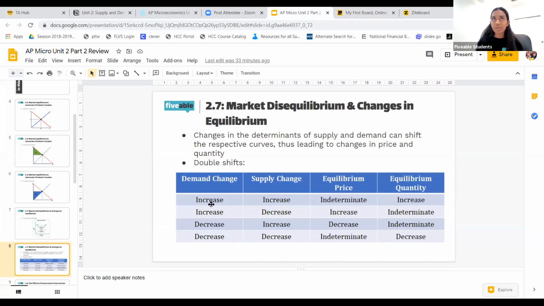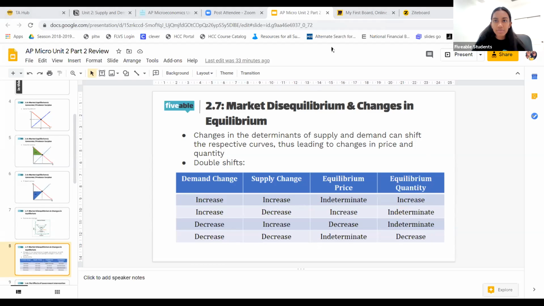And indeterminate basically means that we can't necessarily determine if it increases, decreases, or stays the same. Just now we talked about a decrease in demand and a decrease in supply. So our equilibrium price would be indeterminate and our equilibrium quantity would decrease.